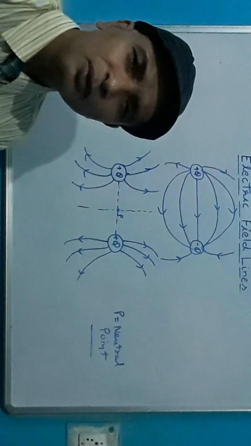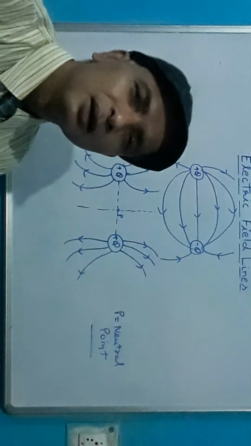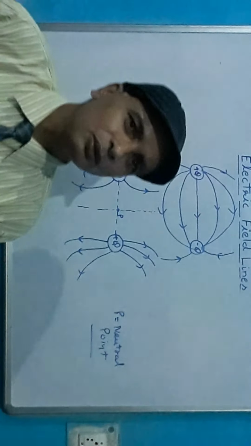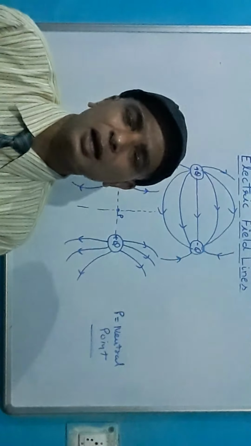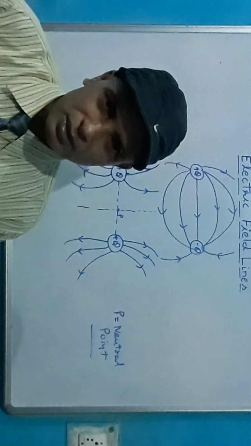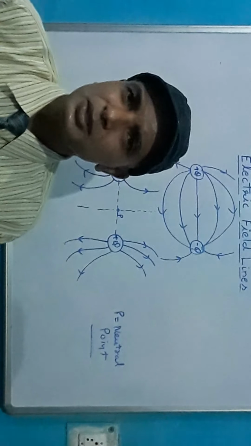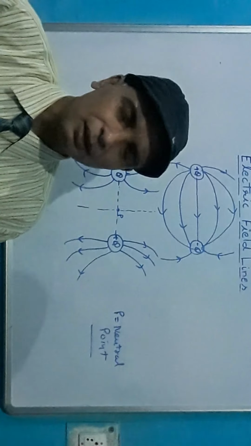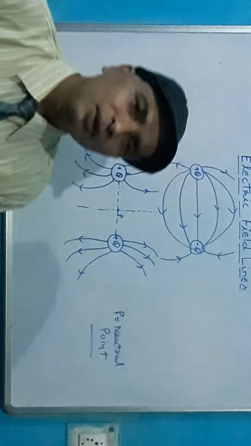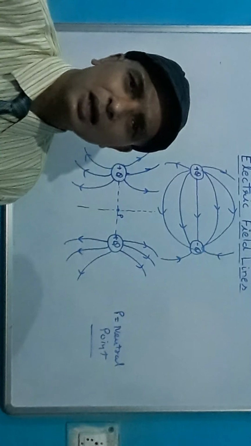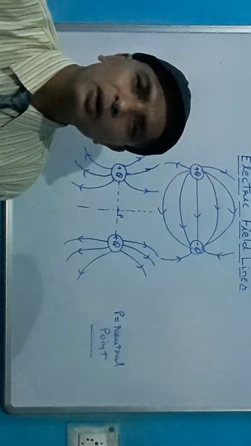So what we have studied today is the definition of the electric field lines. Electric field lines are those imaginary lines which are drawn in an electrostatic field. The tangent at every point of this curve represents the direction of the electric field. The electric field lines due to a single positive isolated charge are outward and radial.